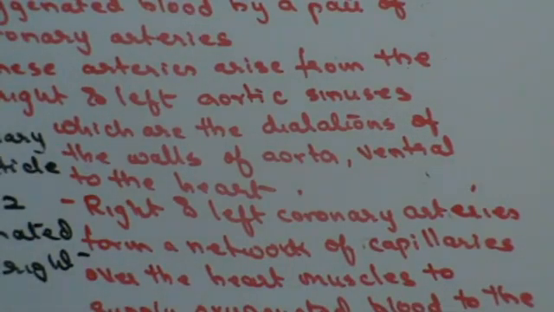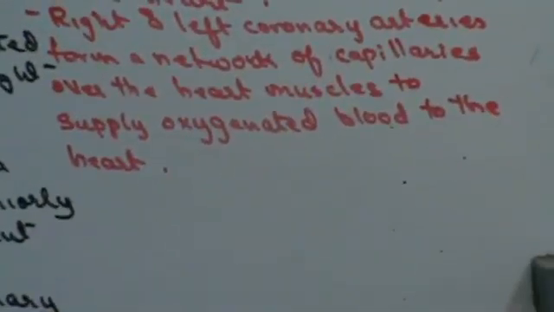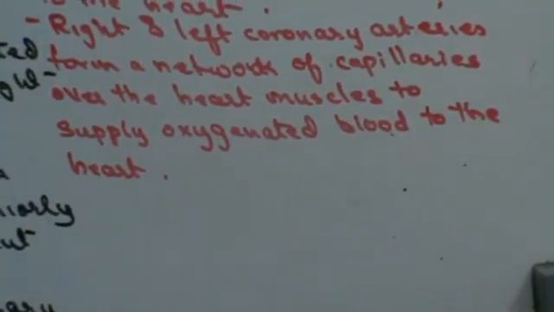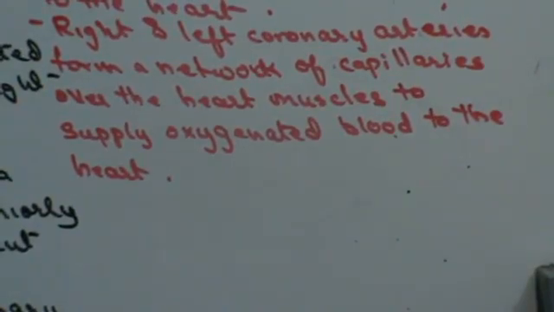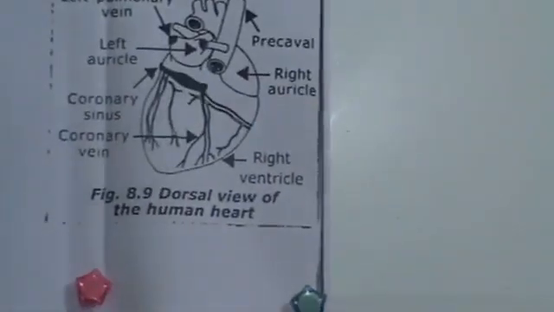Fine. The deoxygenated blood from the heart muscles is collected by the coronary vein, which opens into the coronary sinus dorsally. We just saw the coronary sinus, and here is the coronary vein. Guys, can you see this? In the dorsal view, we can see this coronary vein, which is going to open into this coronary sinus.